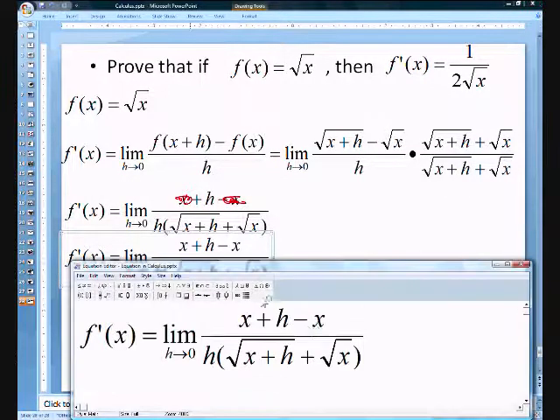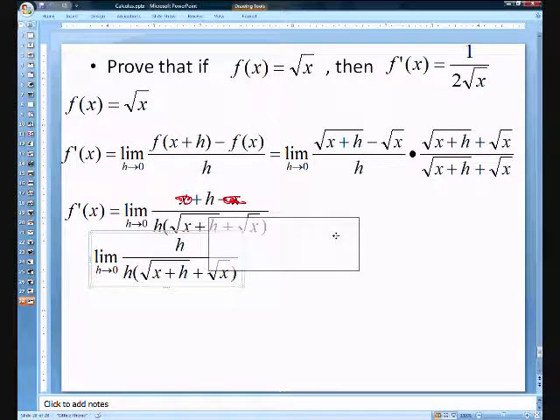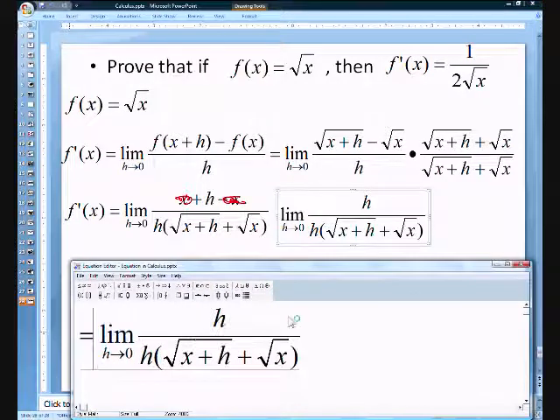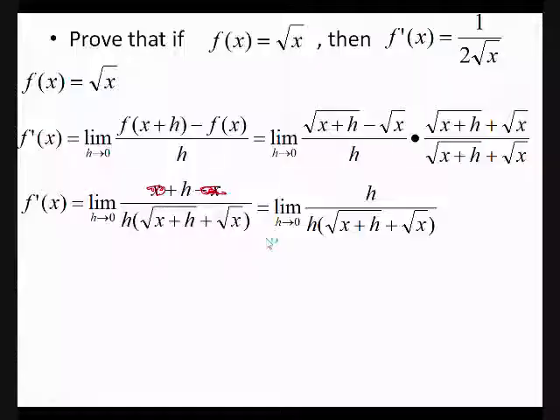And then once these are eliminated, this h in the numerator is going to cancel out with the h in the denominator, right? So just to illustrate, that cancels out with that, and this is of course multiplying 1, and 1 is left in the numerator.